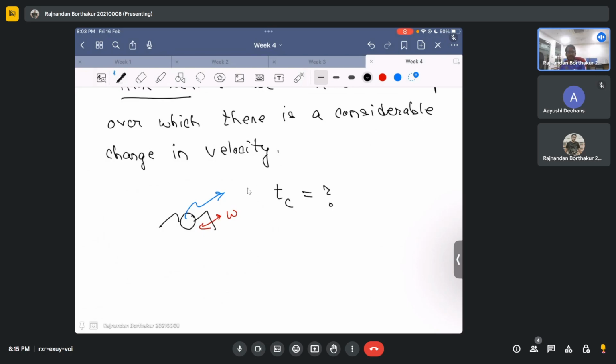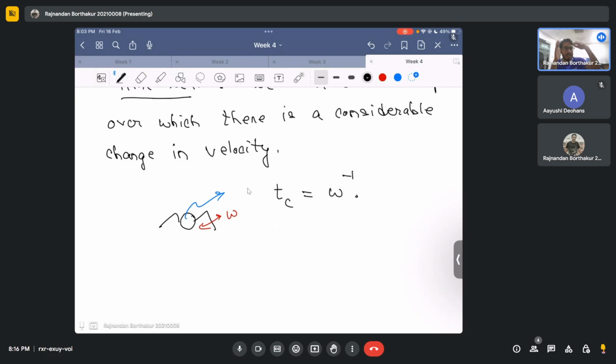Do we have a definite time scale here, or do we need to derive it, or do we see an obvious time scale? 1 by omega. Exactly. So this is obvious, simply because the disturbance velocity is solely responsible. The disturbance velocity would arise in the order of how the bird flaps its wings.